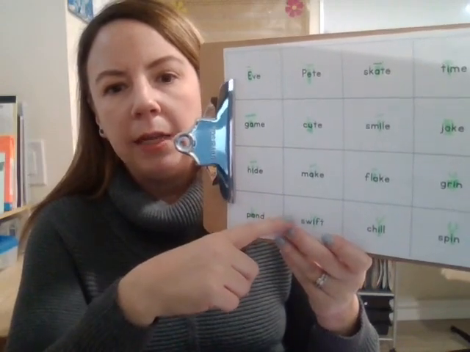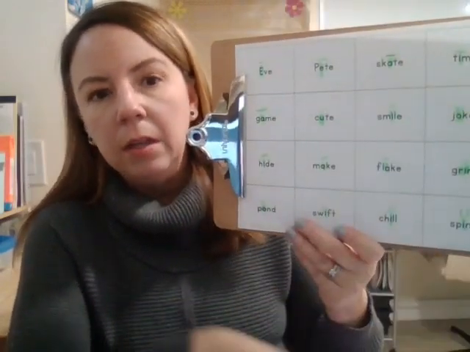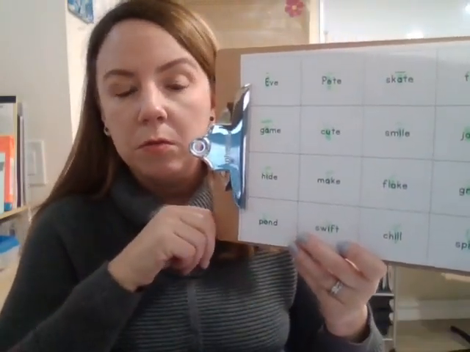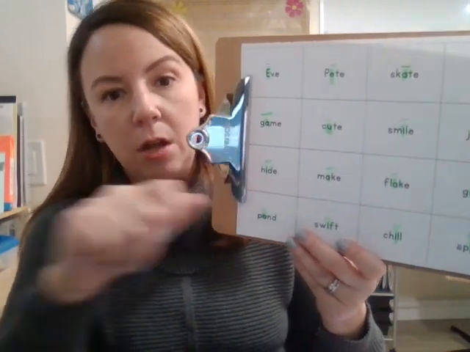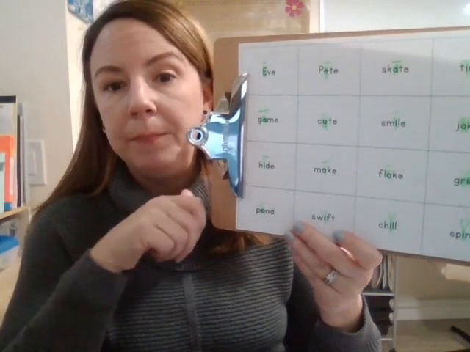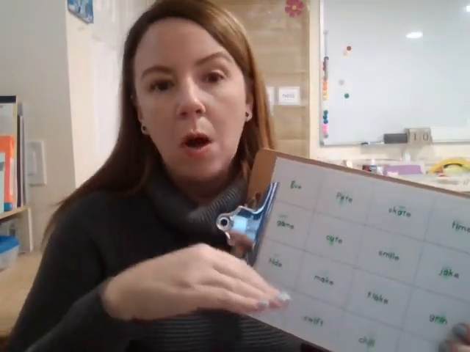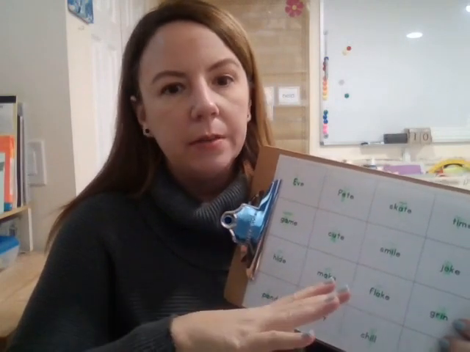So what we may do later is, after we've discussed the meaning of the word swift and we see it in the book, we'll think of a way to generate a sentence, having the child write down a sentence with swift. So that is something to really think about, just from one simple word list.